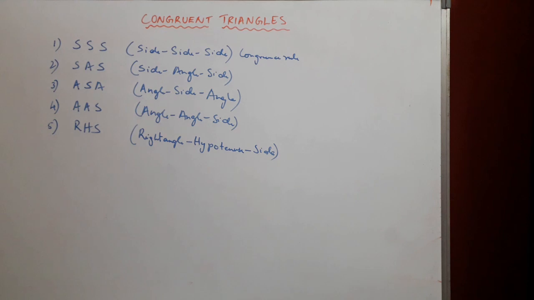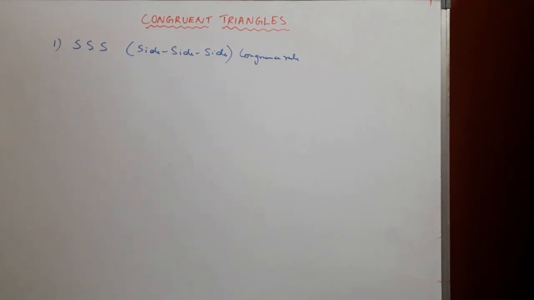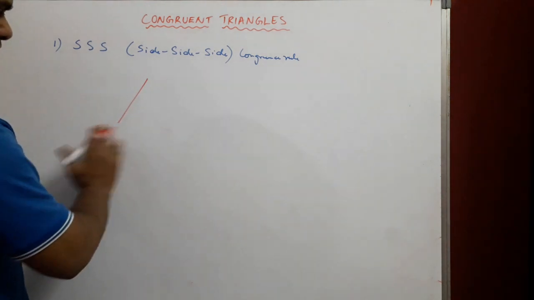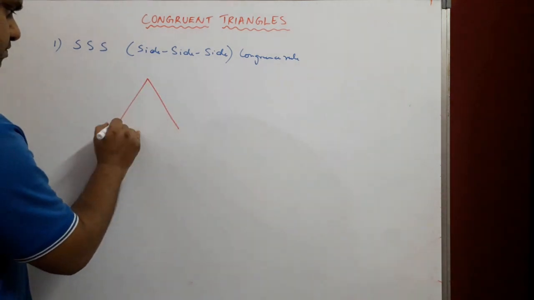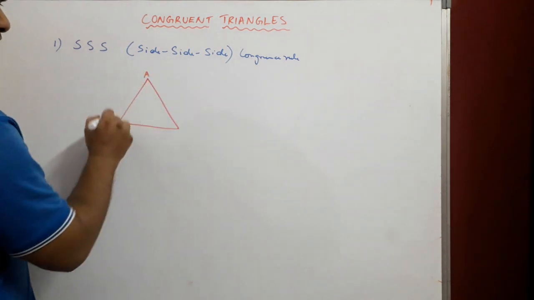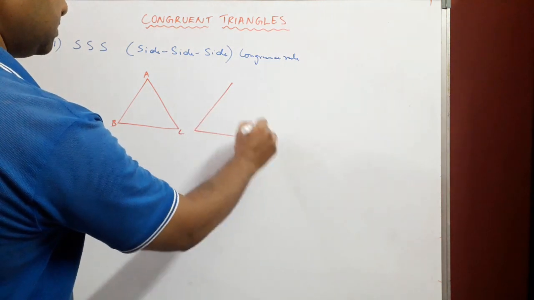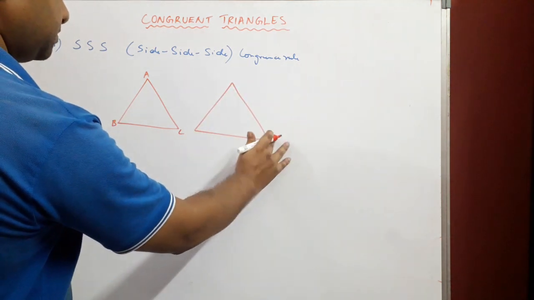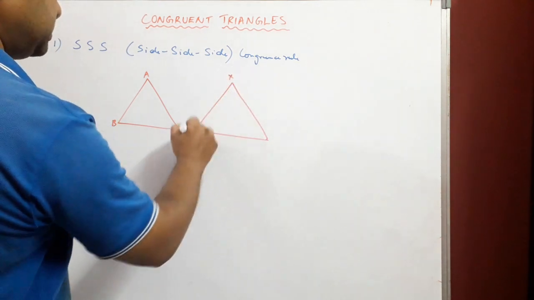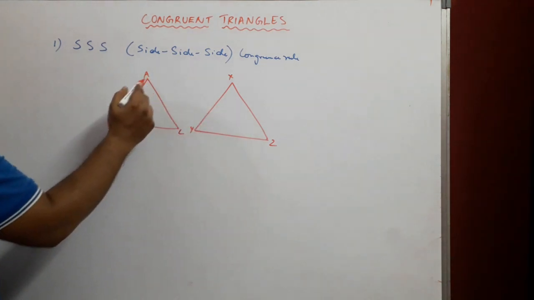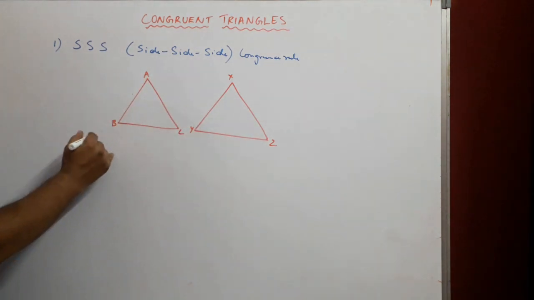Let's go to the first one, the side side side congruence rule. In a side side side congruence rule, the corresponding sides of two triangles, say triangle ABC and another triangle XYZ, are equal.